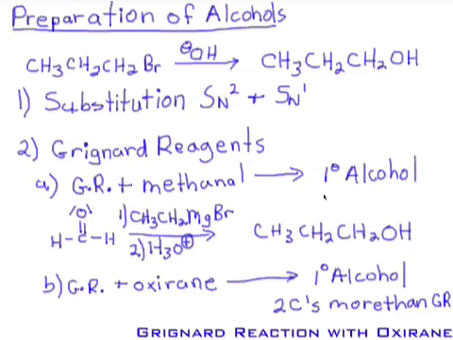The Grignard plus methanal only gave us 1 carbon more than the Grignard. So this would have been the carbon from the aldehyde. Here are the carbons from the Grignard, which is ethyl magnesium bromide, so methanal gave us one carbon more.